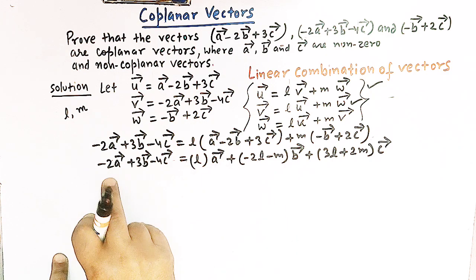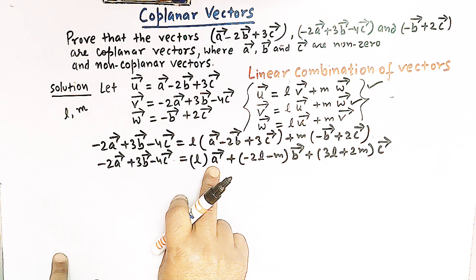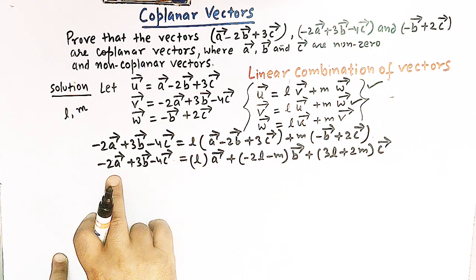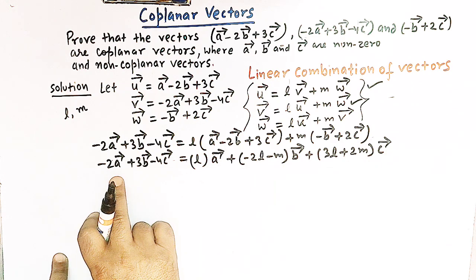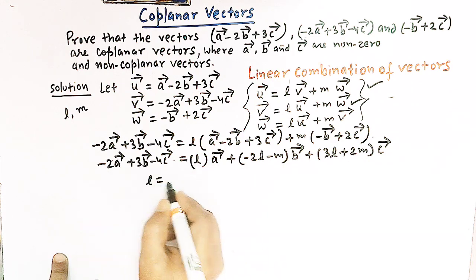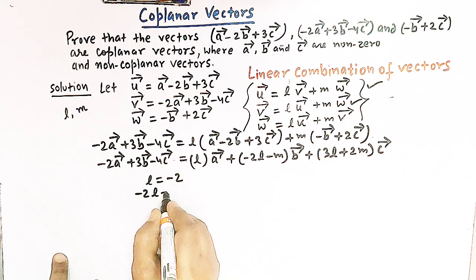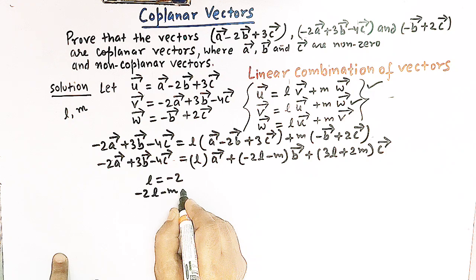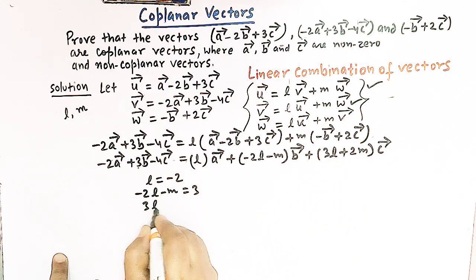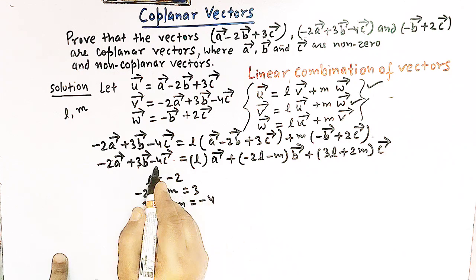So again, comparing the coefficients of both sides, that is the coefficients of vector a on both sides, vector b on both sides, and vector c on both sides. So here we have L is equal to minus 2, and here we have minus 2L minus m is equal to 3, and here we have 3L plus 2m is equal to minus 4.